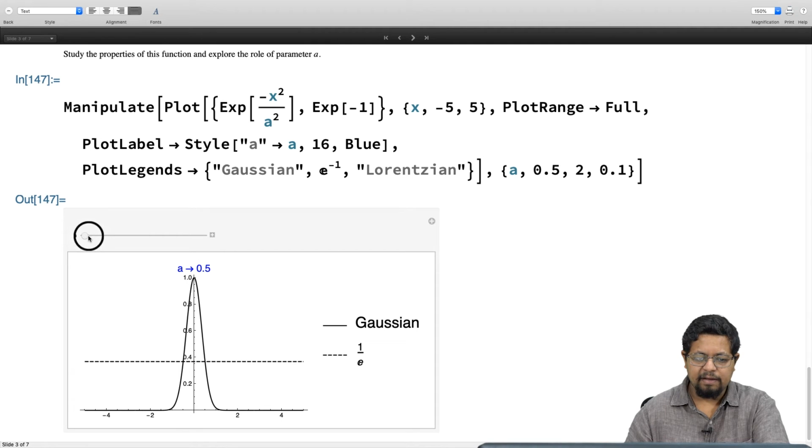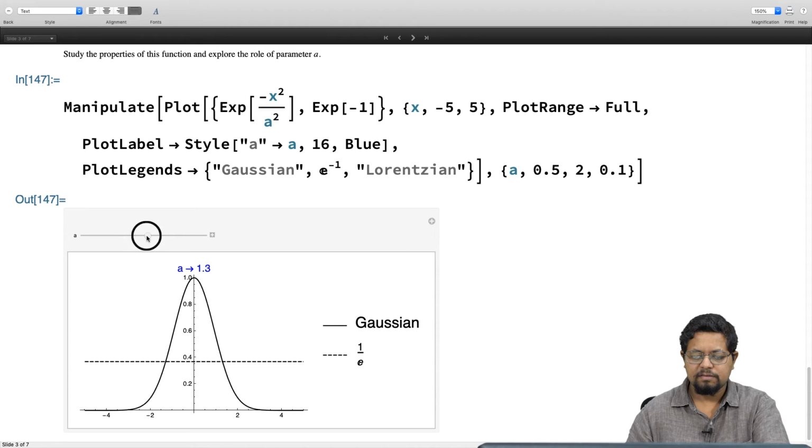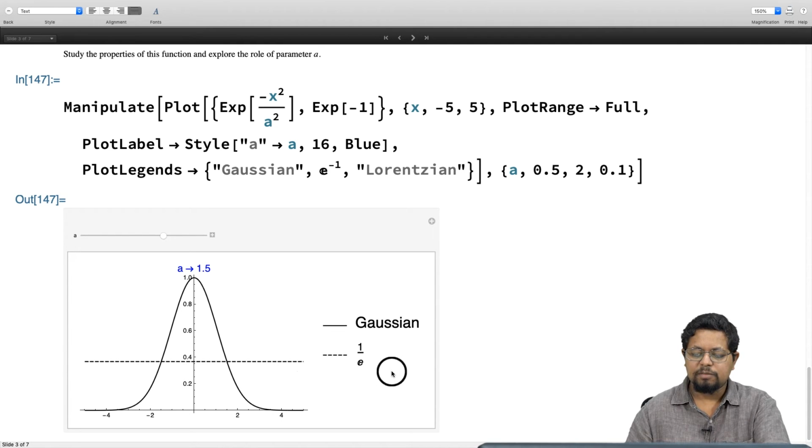As I increase a, the width of the Gaussian increases. I've also plotted the line at 1 over e. This dashed line corresponds to 1 over e. This corresponds to the value at which x squared by a squared has become 1.